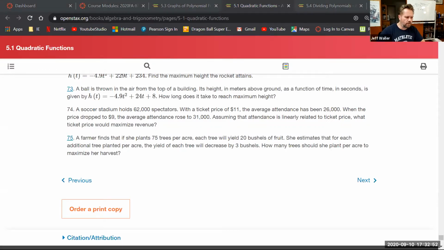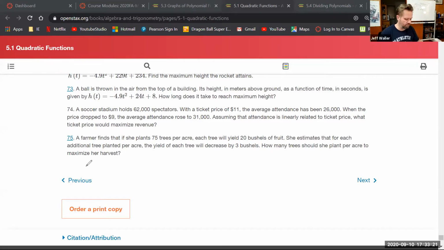So right now, before she does anything, she estimates that if she makes this change, how many total bushels of fruit will she get total right now?